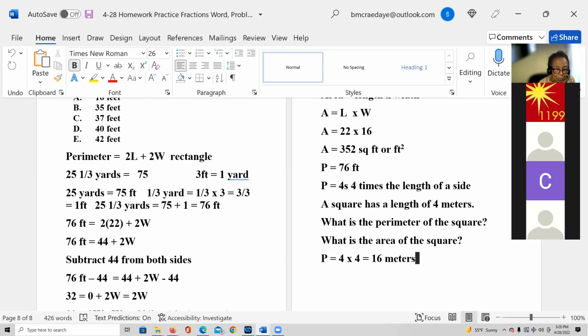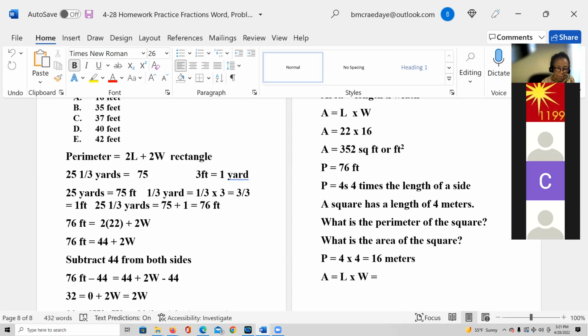All right. What is the area? Mercedes, is that 32? What is the area, Maureen? Length times width. So what is that? Length, L times W. What would that be equal to?